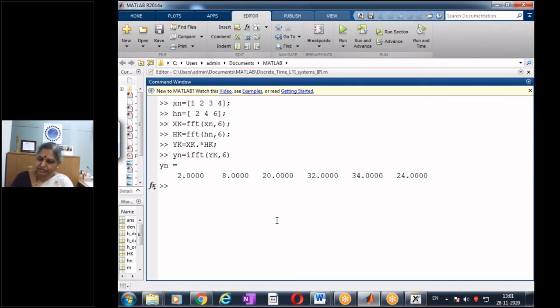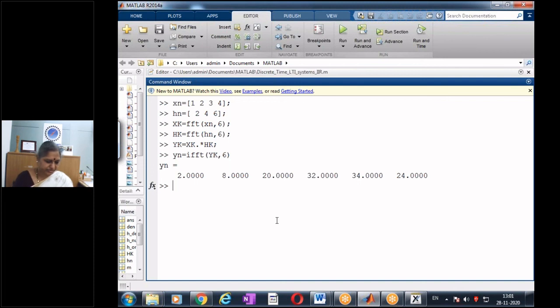So I can also compute the convolution by using the DFT of a suitable number of points. Here, the most important thing is to take the correct point DFT, the 6-point DFT, because my result is going to be of length 6. Take the 6-point DFT of x of n, the 6-point DFT of h of n, take the product and take the IDFT.